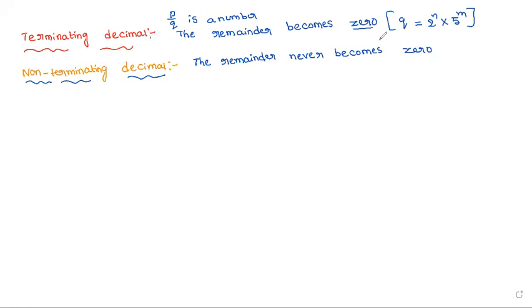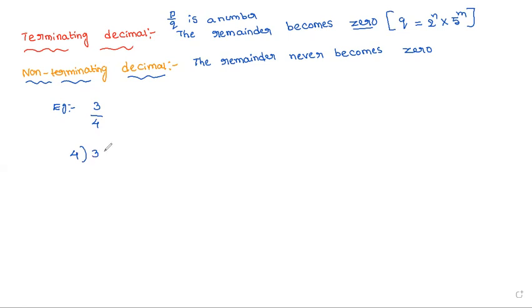So the direct answer: if the denominator is divisible by 2 or 5, then it is called terminating, otherwise non-terminating decimal. For example, 3 by 4, the denominator is divisible by 2 or 5, so it is a terminating decimal.